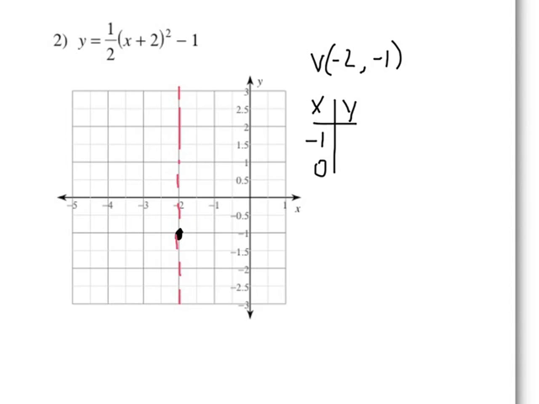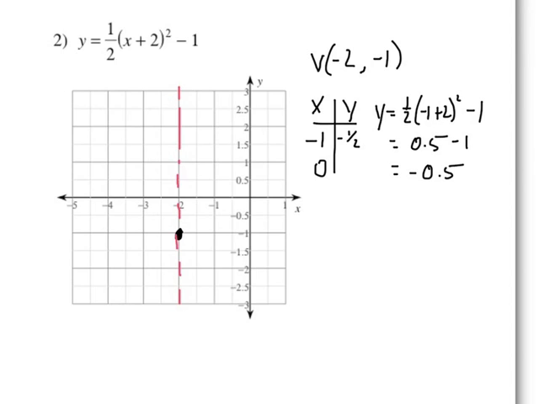So plugging in, y equals 1/2 times (-1 plus 2) quantity squared minus 1. -1 plus 2 is 1. 1 squared is 1. 1/2 times 1 is 0.5. And what's 0.5 minus 1? So when x is -1, y is -1/2.